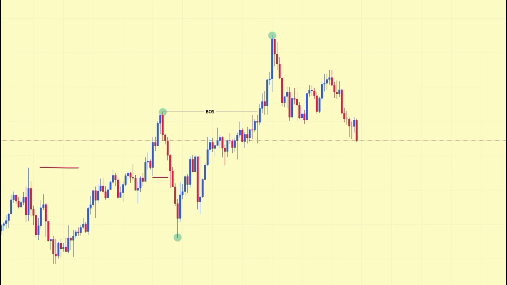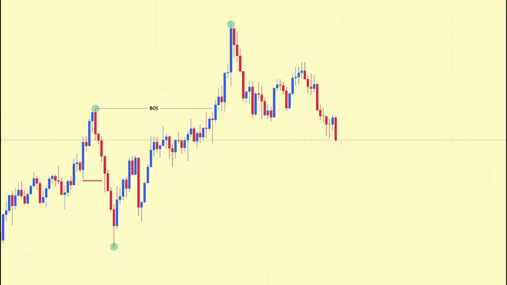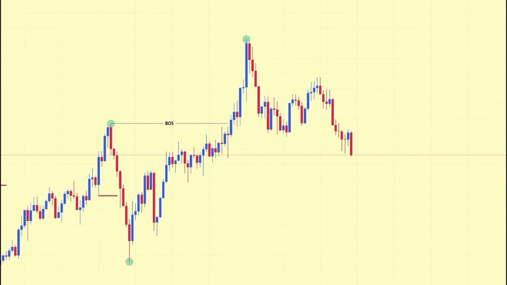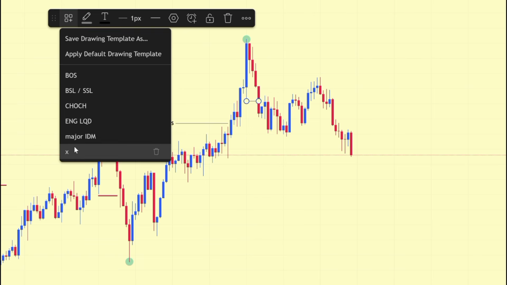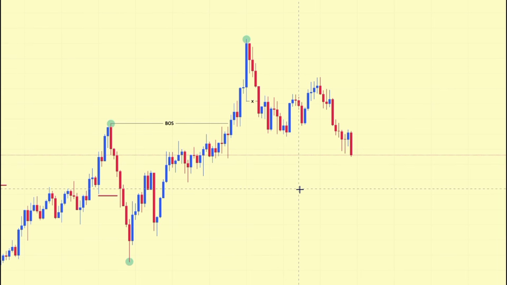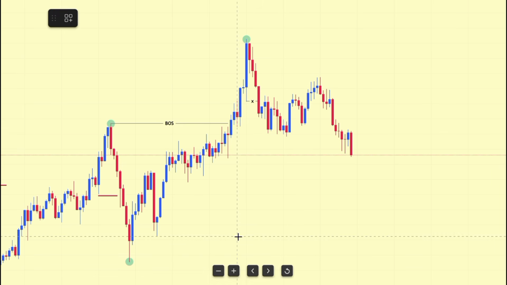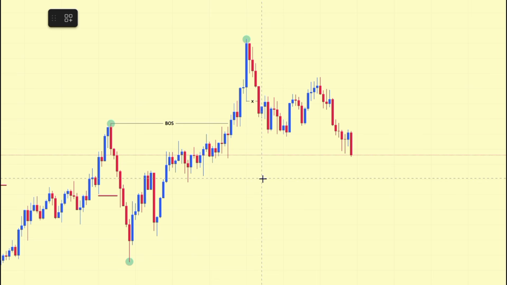And now let's mark the inducement. And we can clearly see that this one here was the major inducement, and price has already taken that out exactly right there. So what does this mean? It's time to mark the POIs. And if I am to mark the POIs, then I can clearly see that all the order flows in this case are mitigated.